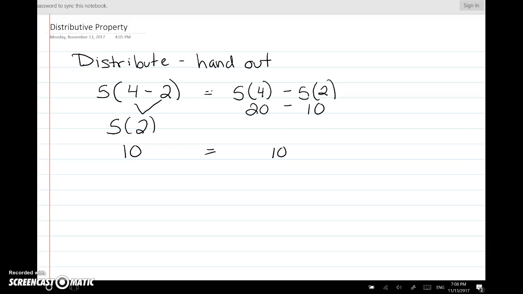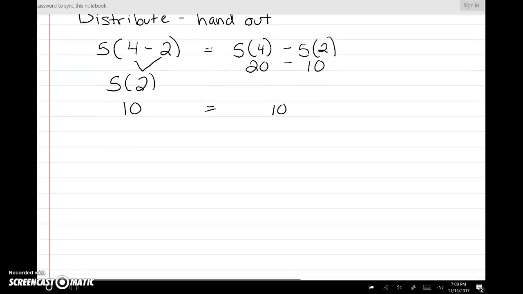Now, because we're starting algebra, and algebra is when we bring letters and numbers together, we're going to start working with the distributive property using numbers and letters. So, for an example, let's look at 2 parentheses 6 plus r.